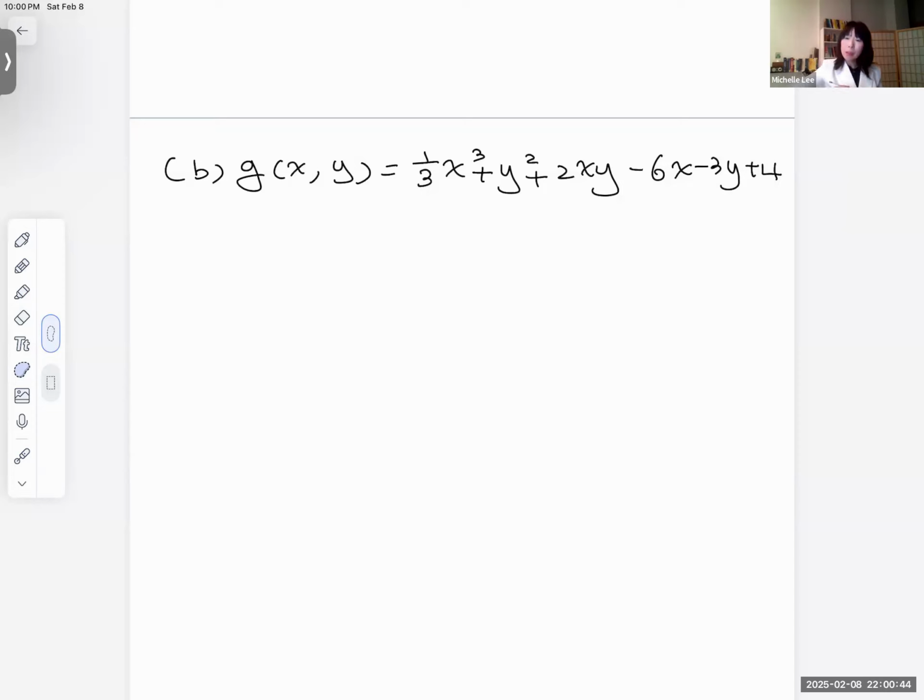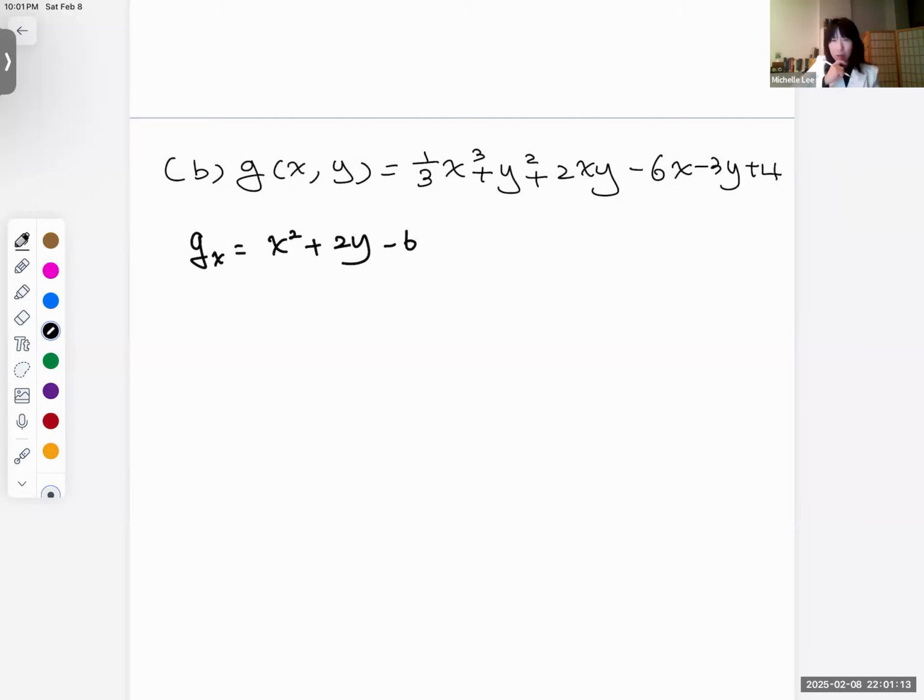Okay, let's do it. To find the critical points, let's find the partial derivative with respect to x. Drop the power, so we have x to the second power plus 2y and negative 6.